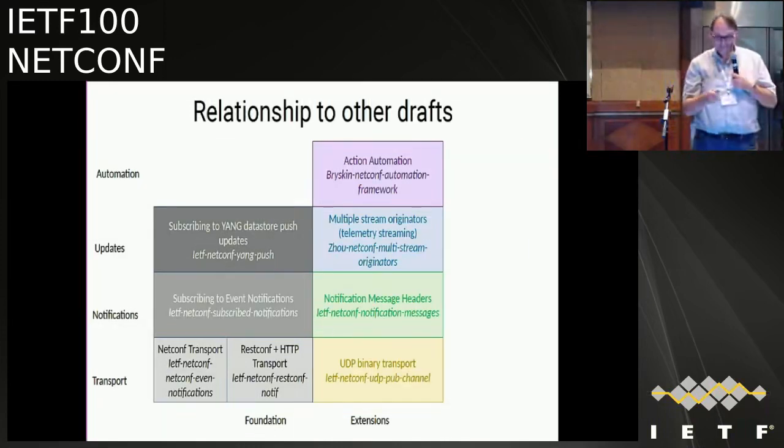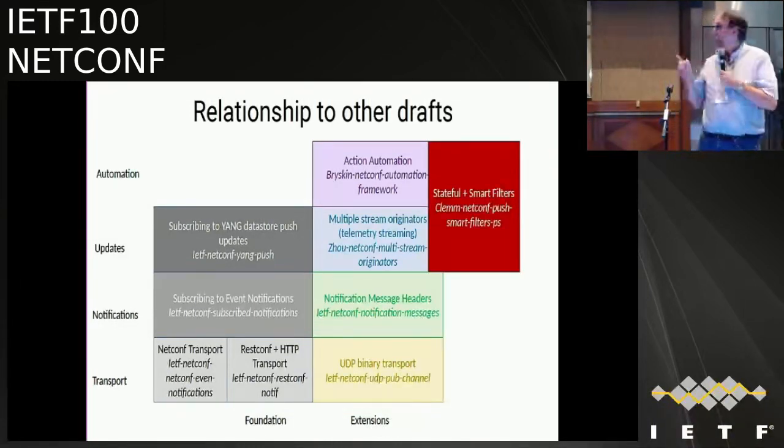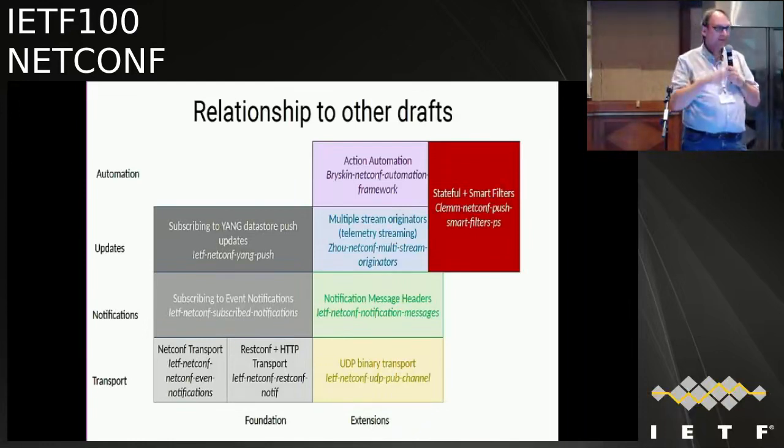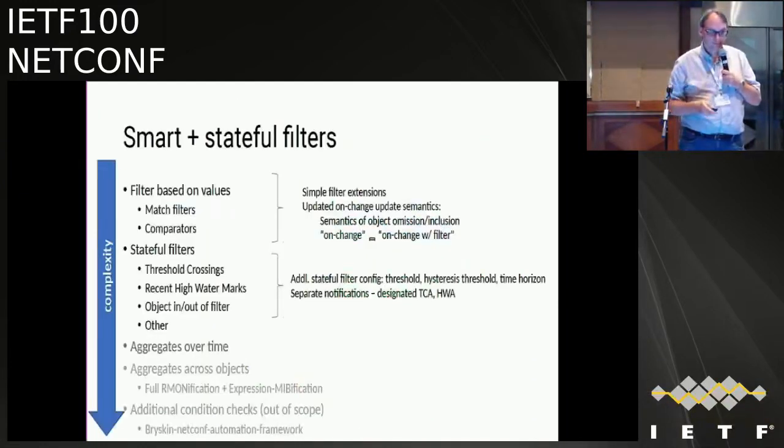In terms of how it fits in with the other drafts, this is just a very brief overview. We went through these. Essentially, the smart filters operate on top of or in conjunction with YANG push, and they also feed into any automation that you want to pursue. In terms of what would be included in the scope of smart and stateful filters: clearly filters based on values, so match filters, comparators, those sorts of items.